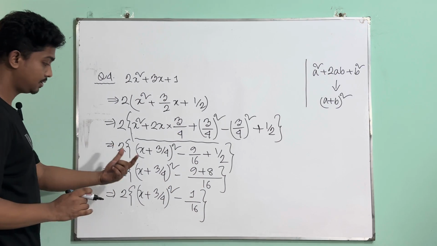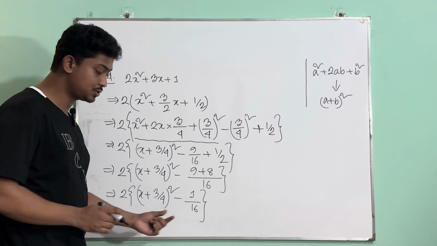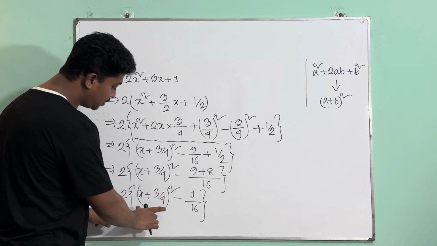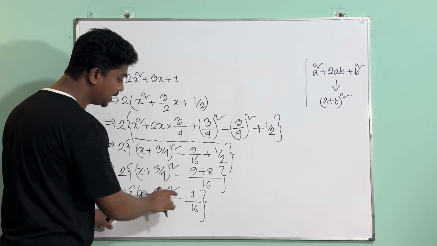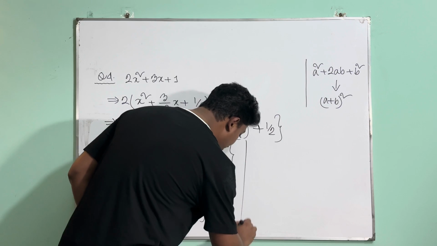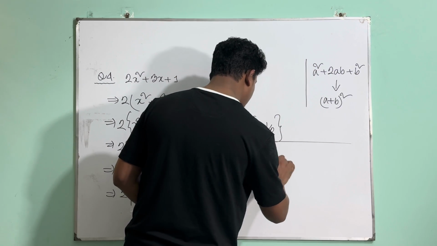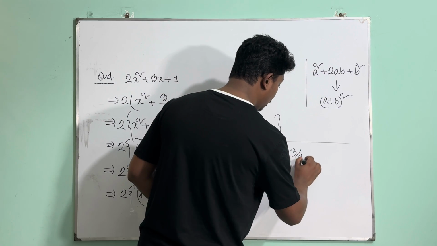Okay, but we want the coefficient only with the square term, not with that term. So we are going to get it out. When you get it out, remember 2 is multiplied also with this one and that one. So when you get it out of the bracket, you have to multiply 2 with that one. So finally, what we are getting is 2 into (x + 3/4)².